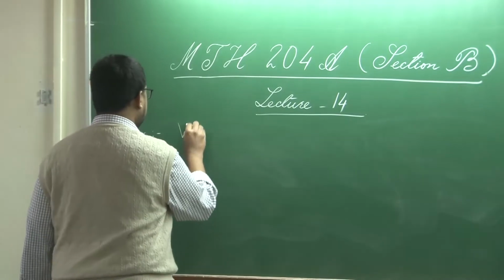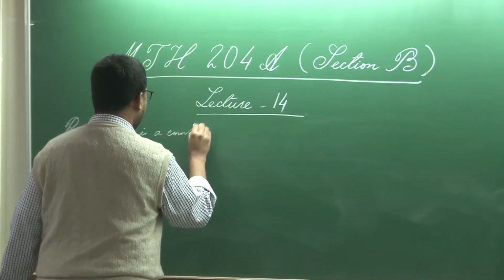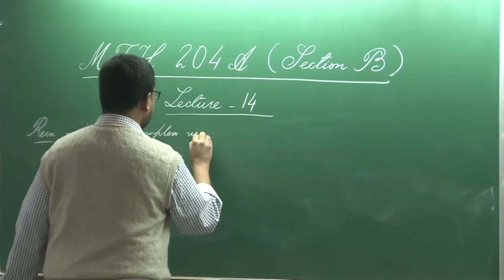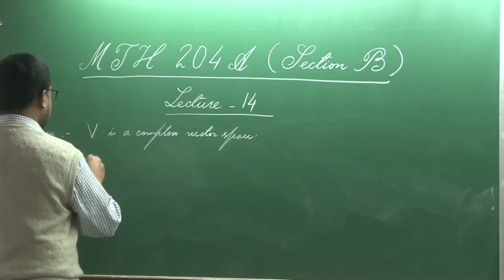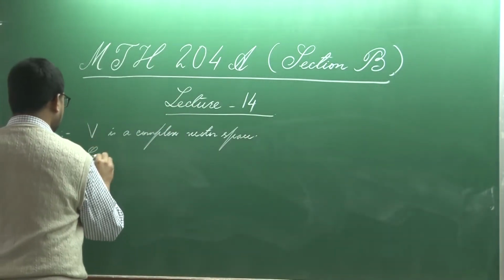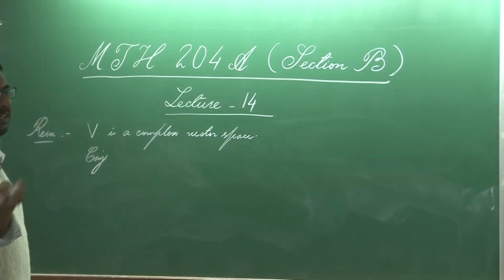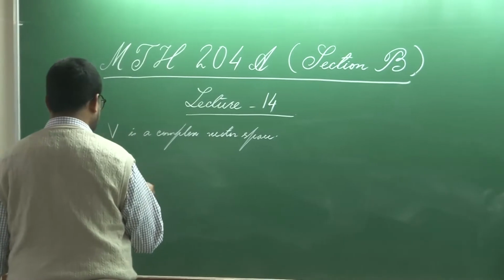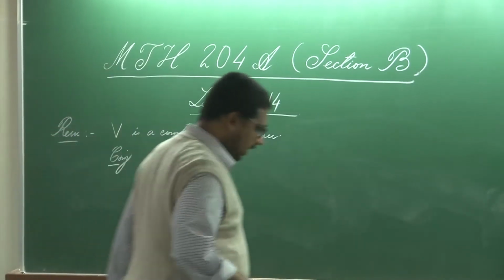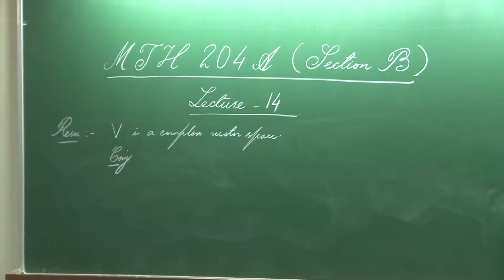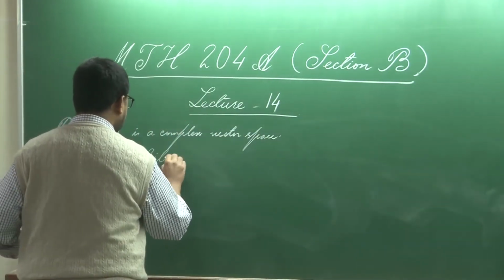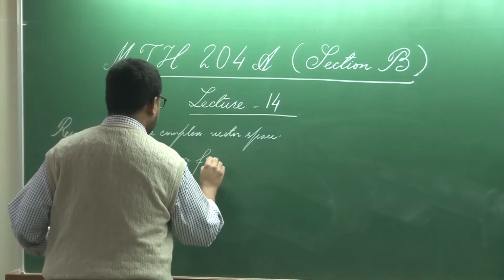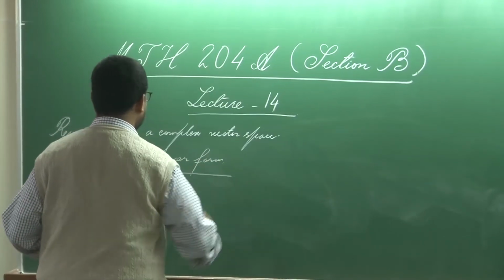If V is a complex vector space, then by a conjugate linear form, some people call it semi-linear form, I cannot exactly remember, but for the time being let us call it a conjugate linear form. By a conjugate bilinear form, but do not confuse that with the usual bilinear form. The reason for using the word conjugate will be quite clear now.